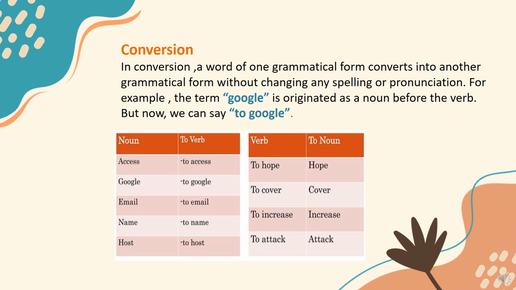Here, Google is to Google, access to access, the same base. It doesn't change. Google to Google, email to email, name to name, host, hope, cover, increase, attack. It's only a different grammatical category.